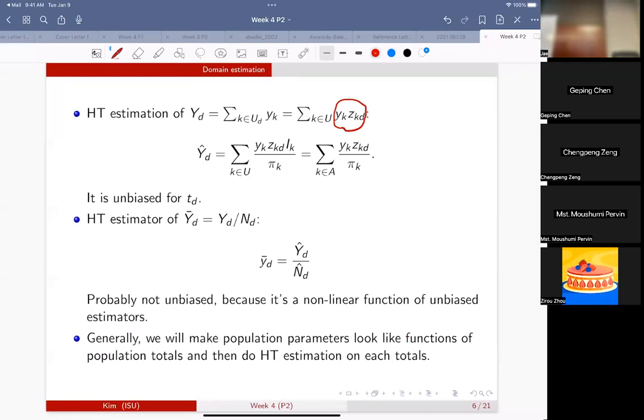So y times z is a single characteristic on subsets. So basically this is just another y, a different y, say y2_k, something like that. So once you write this domain total as just the summation of another y, then you can apply a Horvitz-Thompson estimator, which is this one.